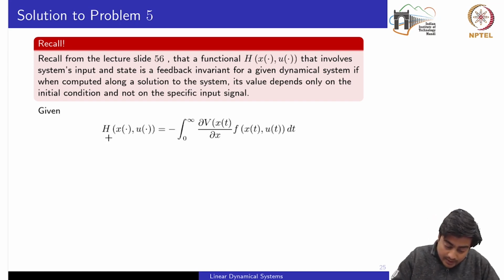So we have this functional H on the left hand side, and on the right hand side the integral from 0 to infinity of the partial derivative of V with respect to x, times the function f(x, u), dt. We want to show that this is a function of only the initial condition and does not depend on the specific input signal.